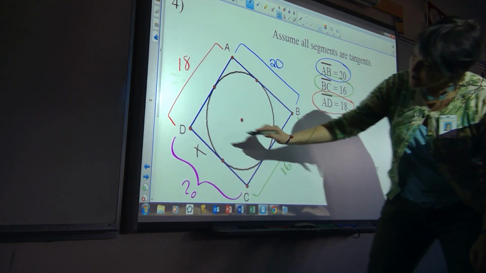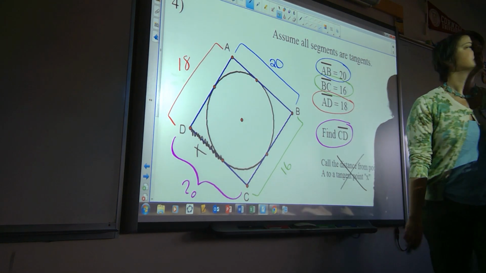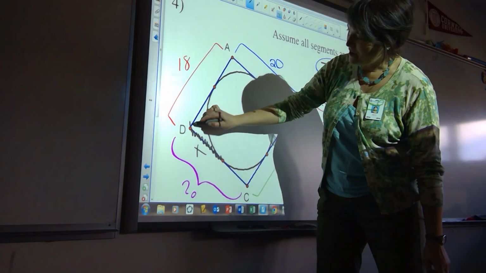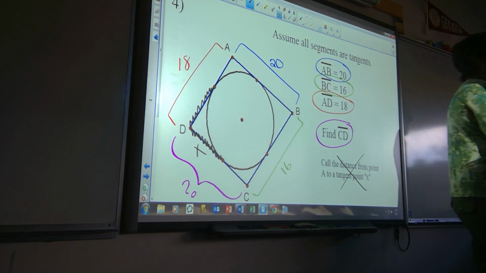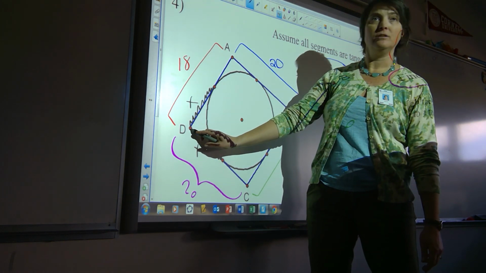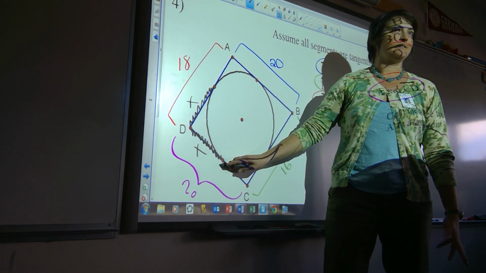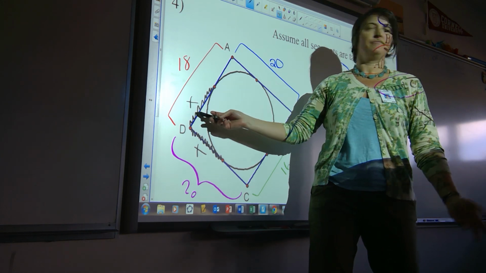Now, what that means is I'm talking about this segment right here. That segment is a length x. So if that segment is a length x, how long is this? It's also x, right? Because this is an external point, this is a tangent, this is a tangent. That's that theorem we just learned. So if I'm going to call this x, I know that that's also x.